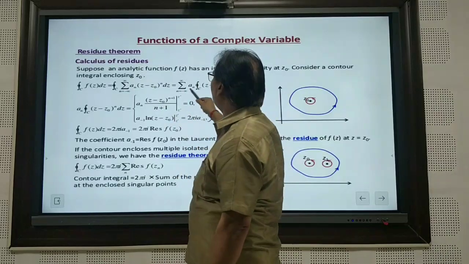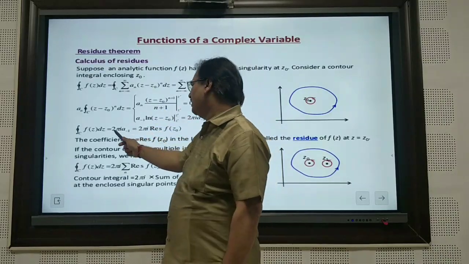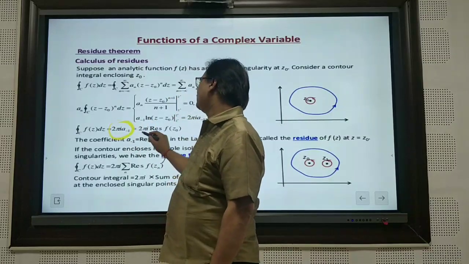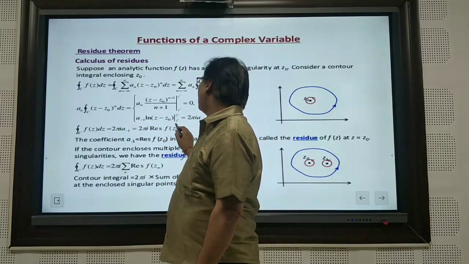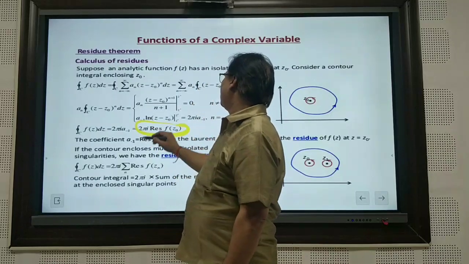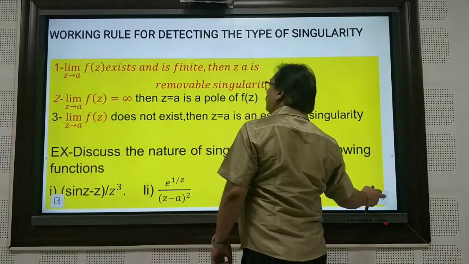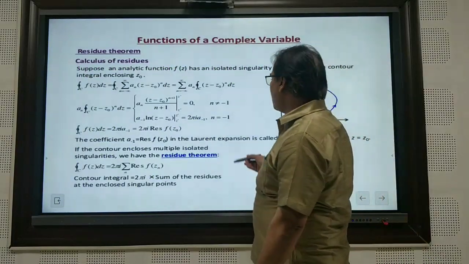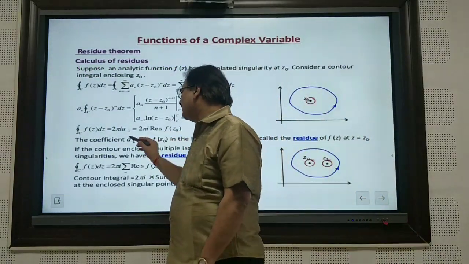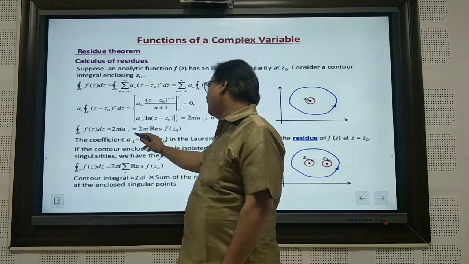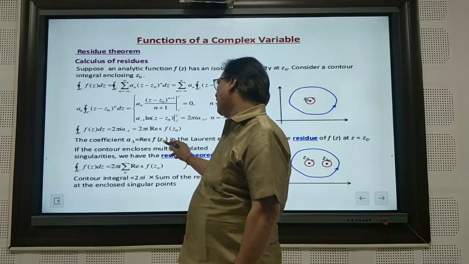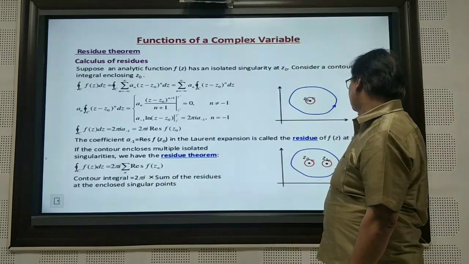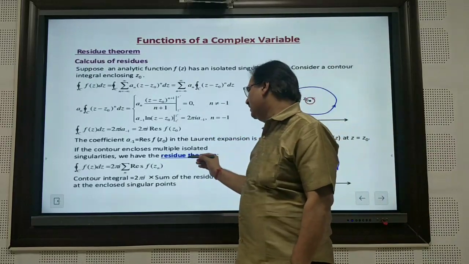By going through all these steps, you will get 2 pi i a_(minus 1), or you can say 2 pi i times the residue of f at z0. So this coefficient a_(minus 1) in the Laurent expansion is called the residue of f(z) at z is equal to z0.